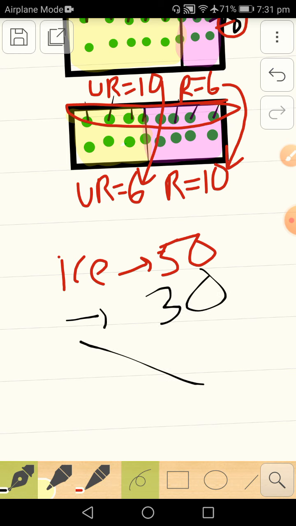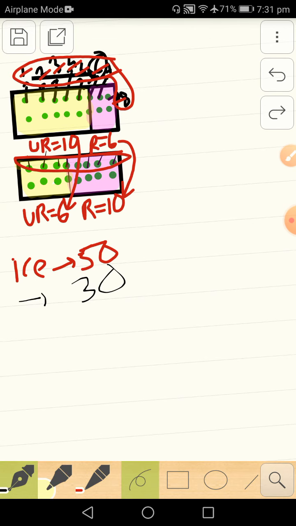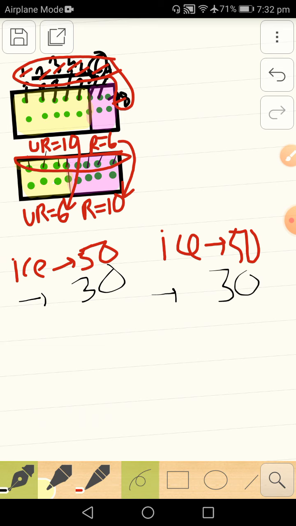But somehow if you meet a man on the road who gives you 10 taka, you have 30 and a man on the road gives you 10.